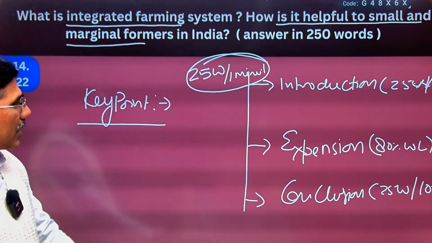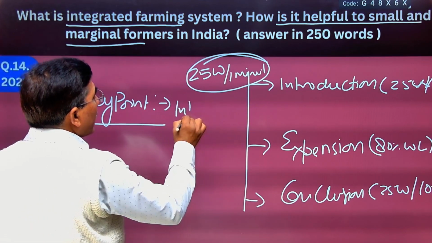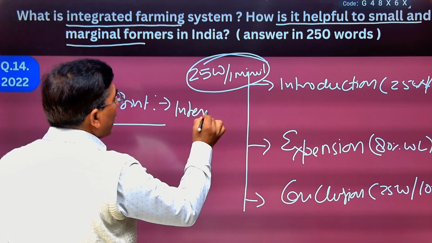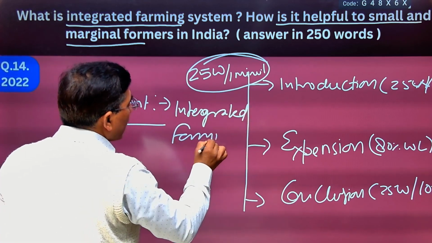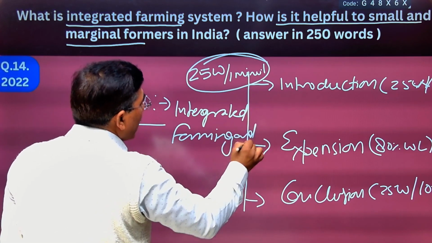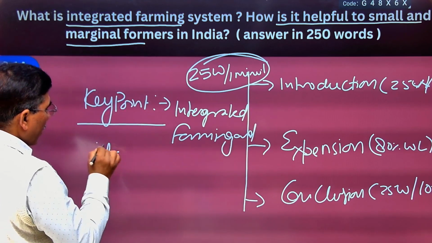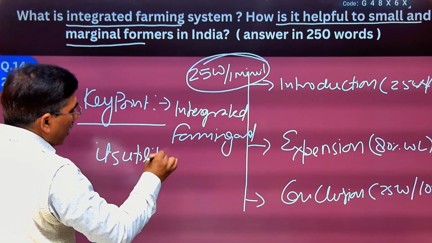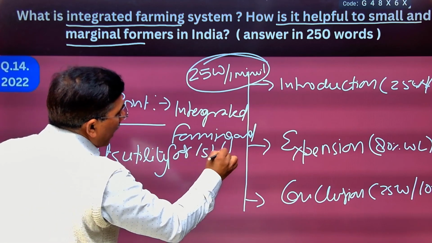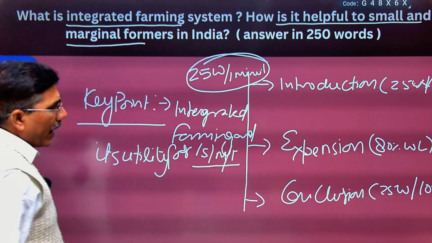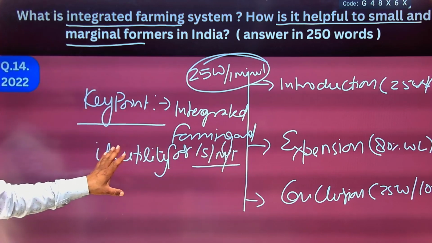It means the key point is integrated farming and its utility for small and marginal farmers. This is your key point.